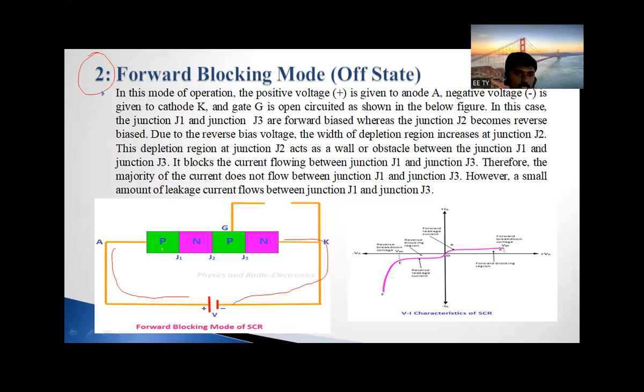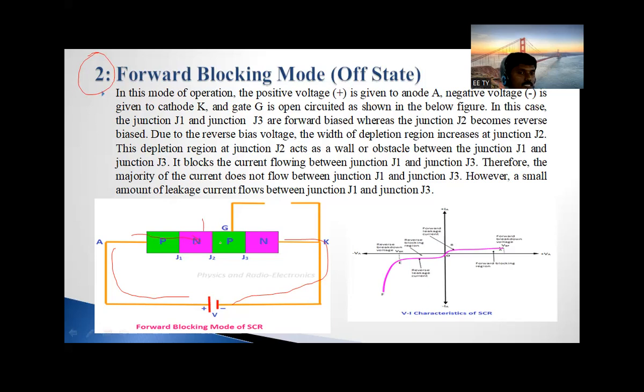Because the P-type material is connected to positive and the N-type material is connected to negative, so obviously this junction becomes forward biased. This junction is open, so current can freely flow through it. The current has come up to this point, flowing from N-type material to P-type material.